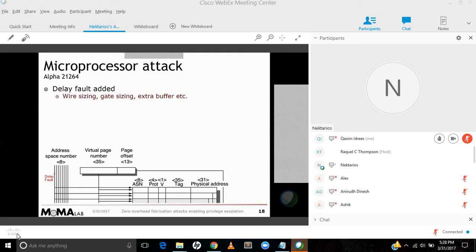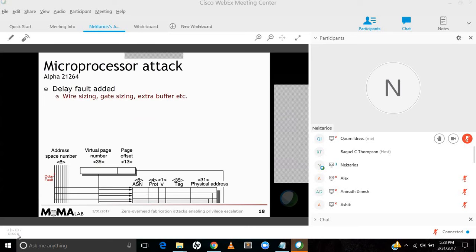Okay, so selecting a different row can have a devastating impact, as I will explain. But adding the delay fault is generally straightforward when you control the foundry and you control the mask.